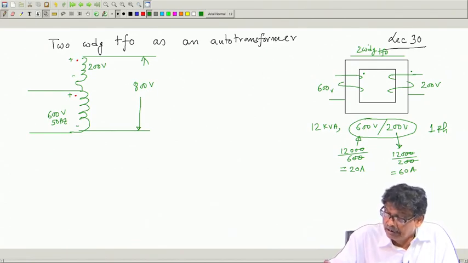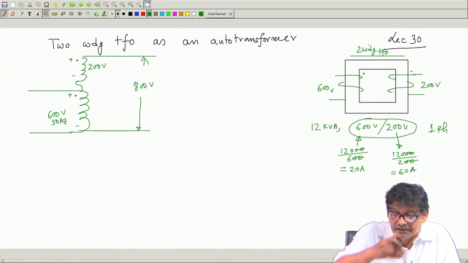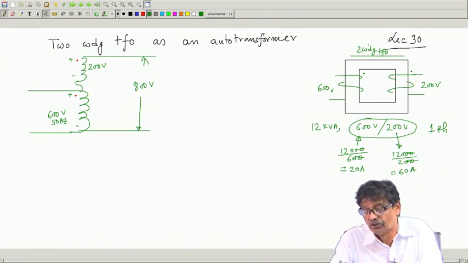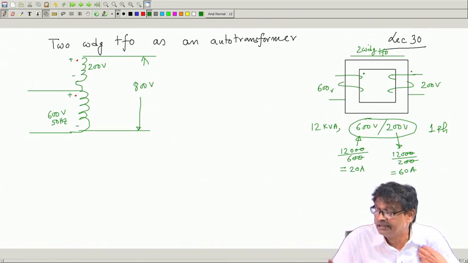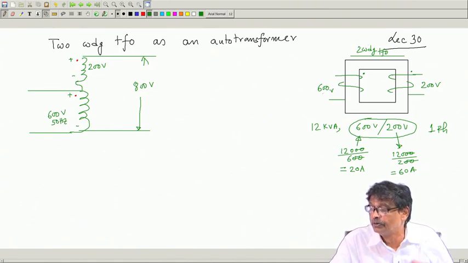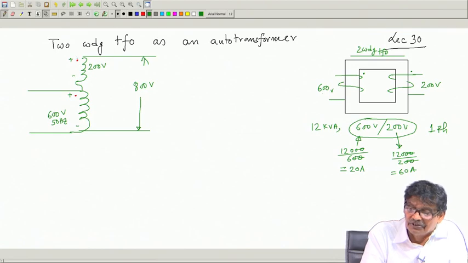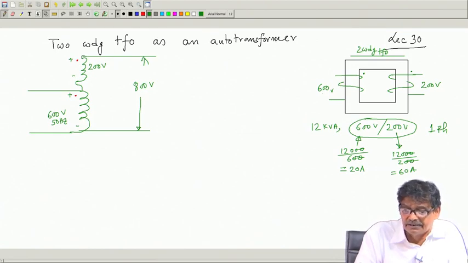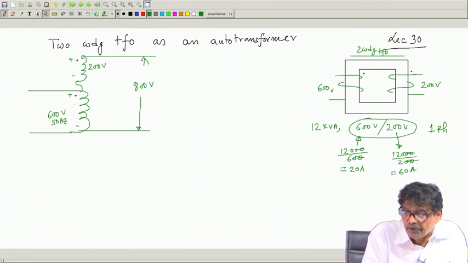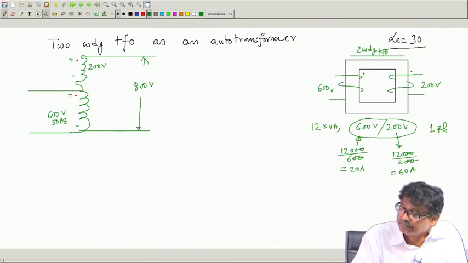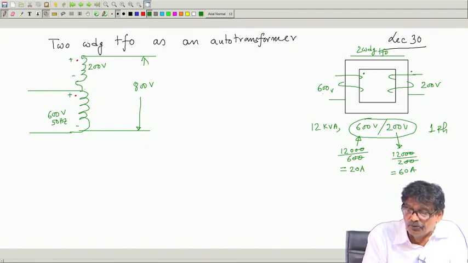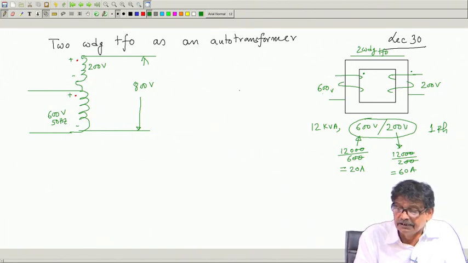Not yet have I connected it with the auto transformer, but I am simply telling you that if you apply 600 volt here, 200 volt is induced here; these coils I have only drawn in a convenient way so that I understand it much better. So there must be an induced voltage here, connect it here, and you will get 800 volt.